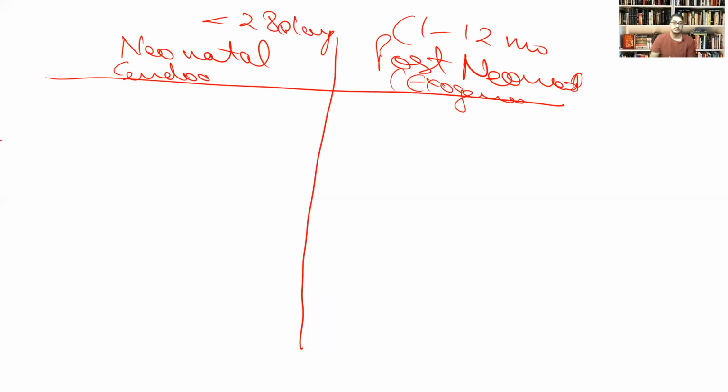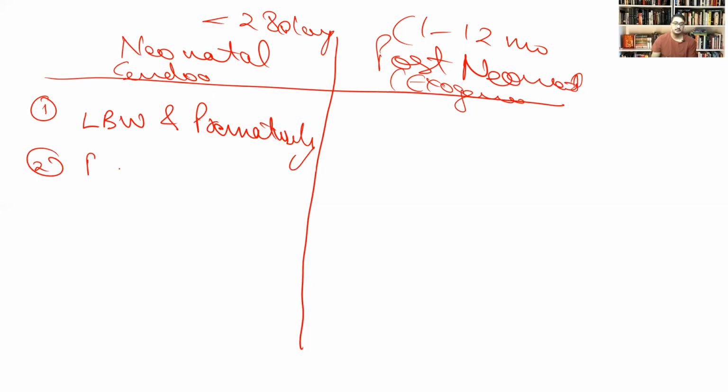So what are the causes? First cause is low birth weight and prematurity. Second cause is birth injury and difficult labor, the obstructed and other types of labor.